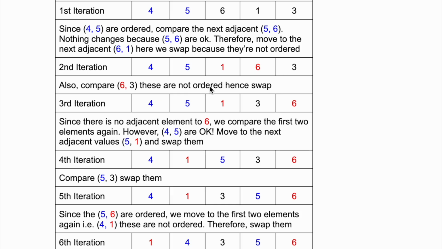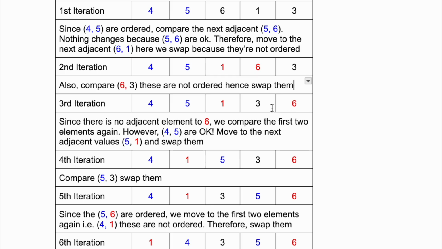These are not in order, hence we swap them as well. Therefore, 6 goes into its place and 3 is moved to the place of 6. Okay, good. So you can see the first iteration gives us this result.